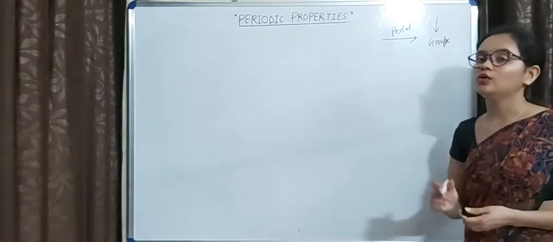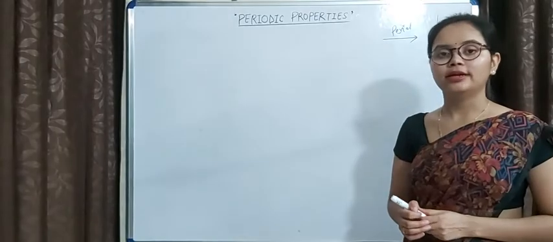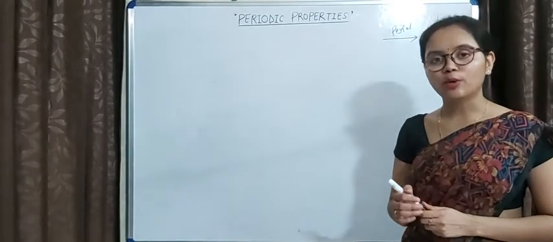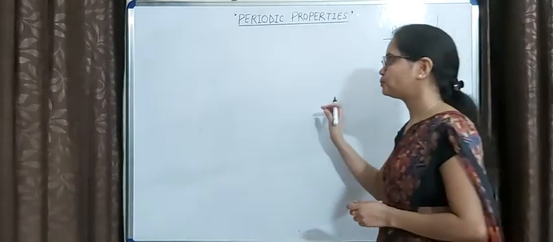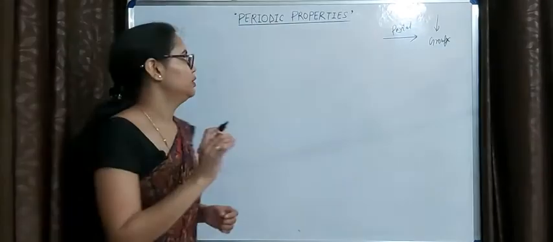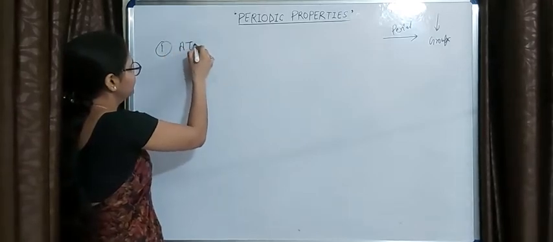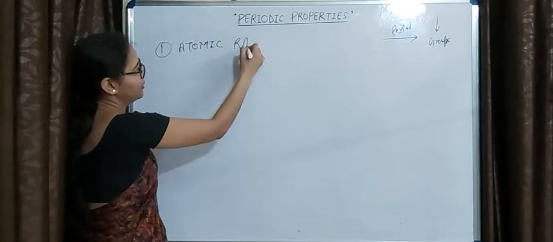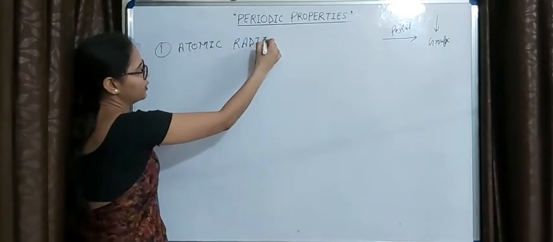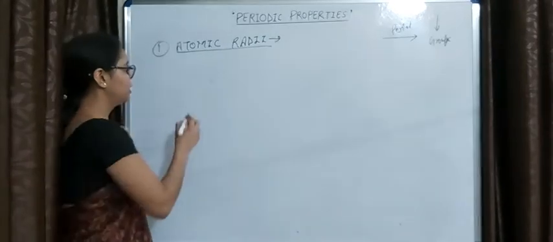Now there are many examples of periodic properties, but in today's video we will discuss atomic radii as the example of a periodic property. So what is atomic radii?